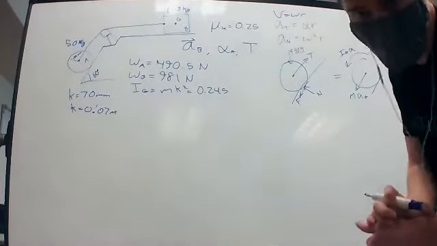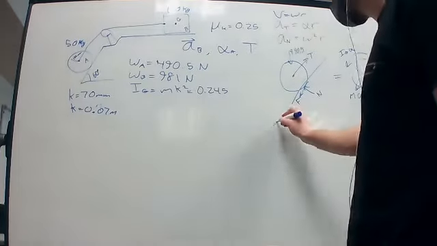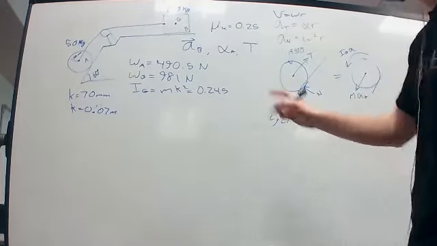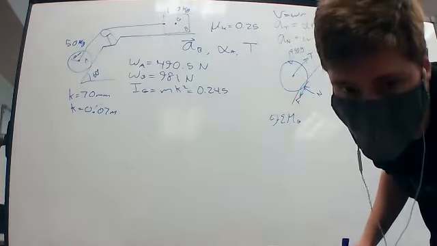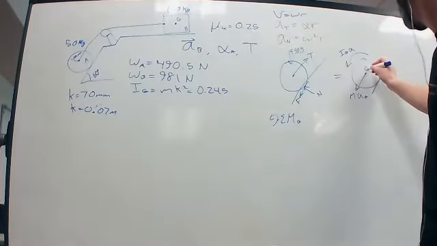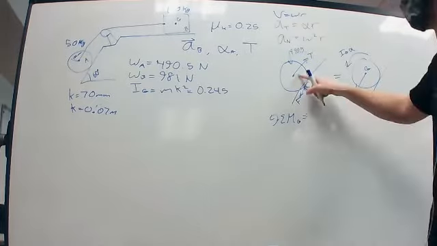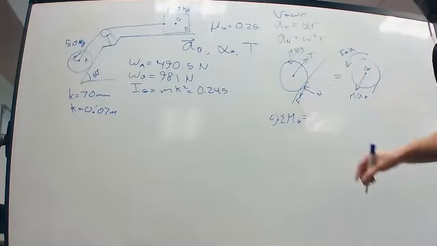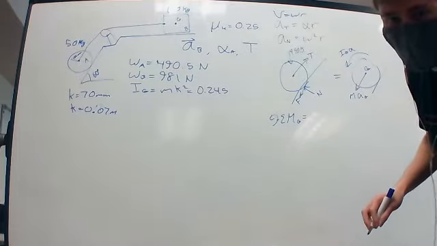So we can get a few equations from this diagram. We can first say some of the moments about G, G being the center here. So that's going to be equal to, the tension goes away, the weight goes away, the normal force goes away. We're just going to have the friction on this side.